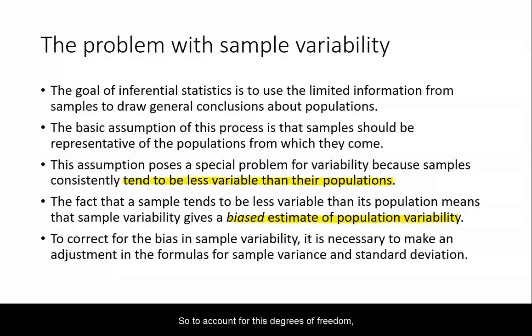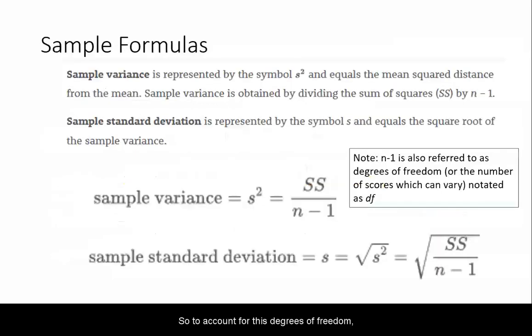So to account for this, degrees of freedom, right, or n-1. Taking that one out, taking that one subject out, reduces the amount of bias that we have, right? And so that's why that formula is that way, all right?